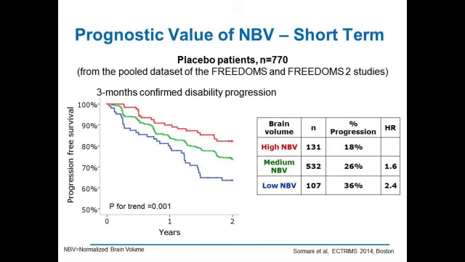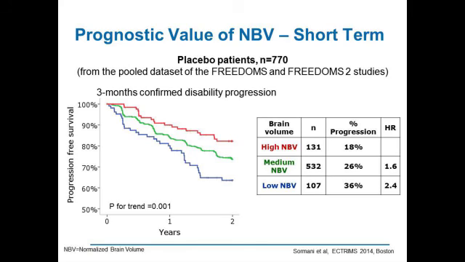But this analysis is not related to the drug. We are dealing just with the placebo cohorts, and the aim of this analysis is to evaluate the prognostic value of the volume of the brain at baseline to predict a risk of disability progression.